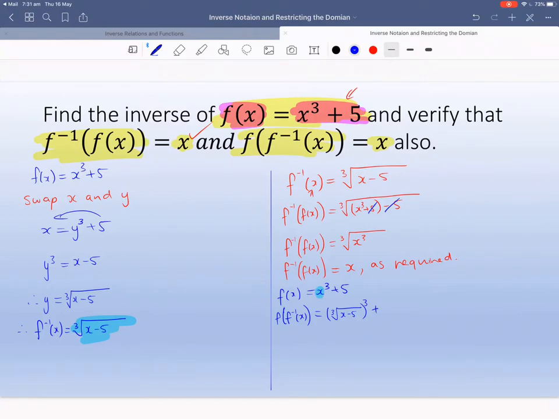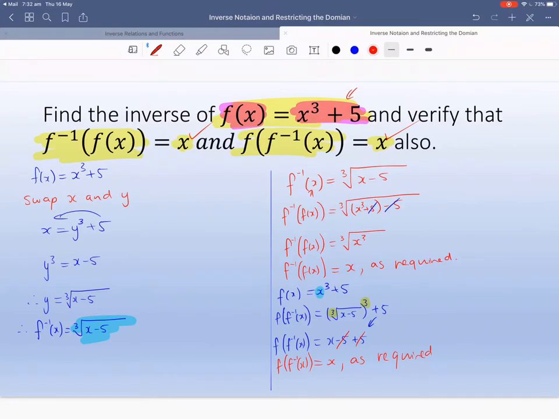Oh, that's handy. This cube is going to undo this cube root. So we're simply left with x minus 5, and then this plus 5 brings down plus 5. We can clearly cancel those out, and that equals x. So we're in the same position, so we're winning. That's what we wanted also, as required. So it works.